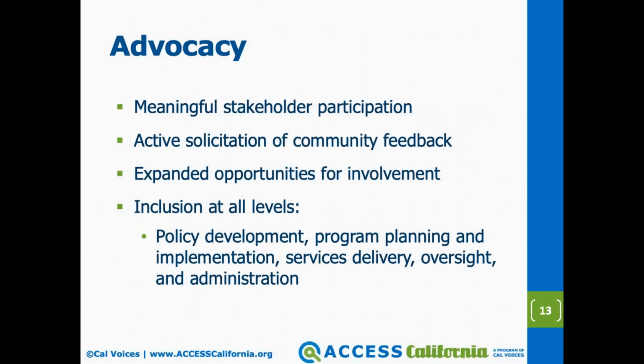So when we talk about advocacy, we're really talking about meaningful stakeholder participation, active solicitation of community feedback, expanded opportunities for involvement and inclusion at all levels. And as it states in the MHSA, this includes policy development, program planning and implementation, service delivery, oversight, and administration.